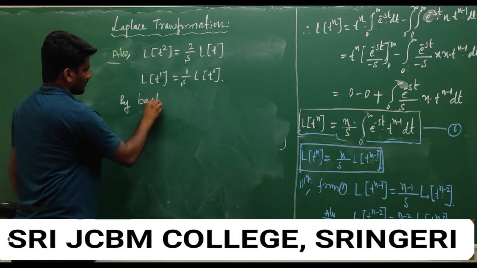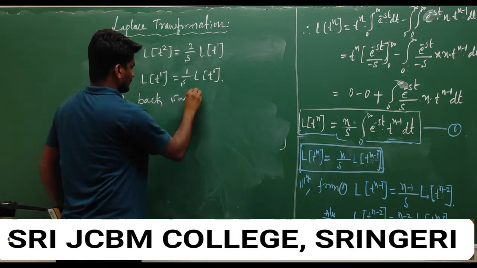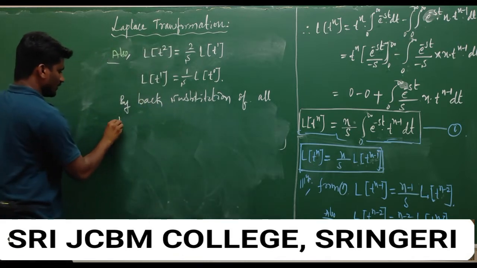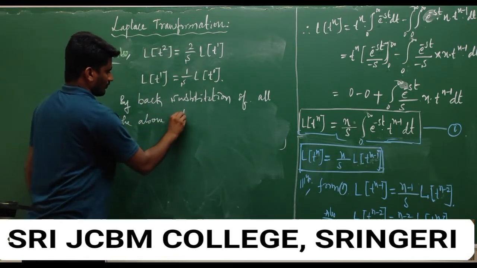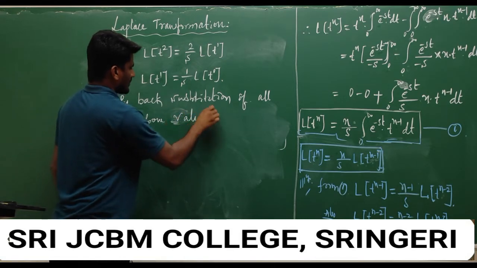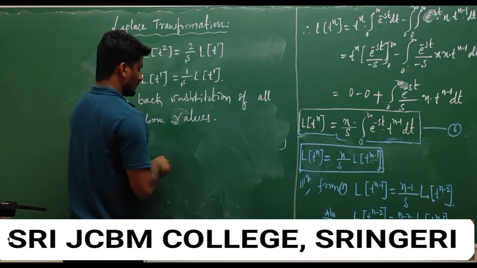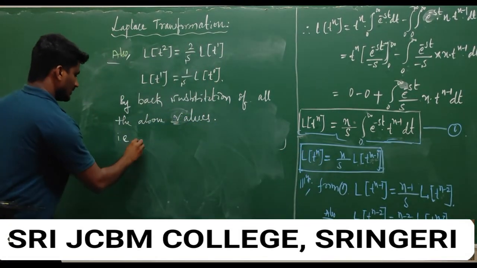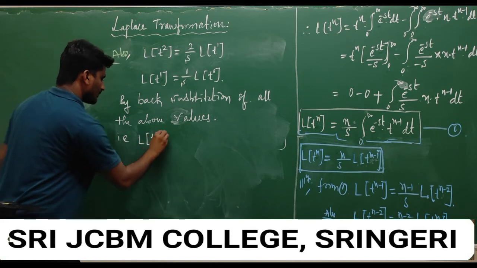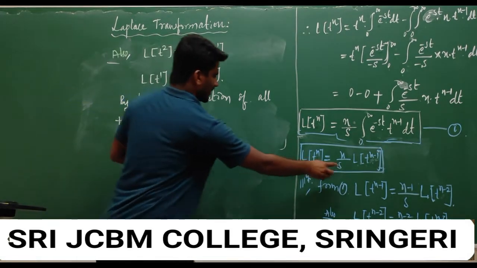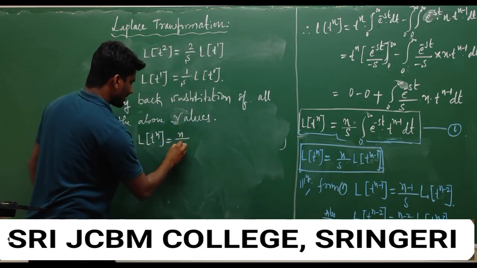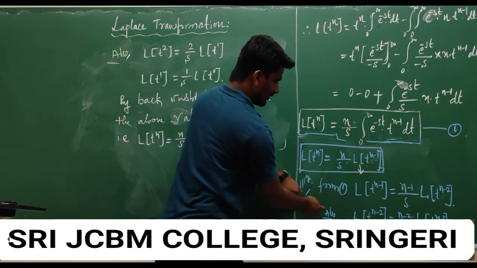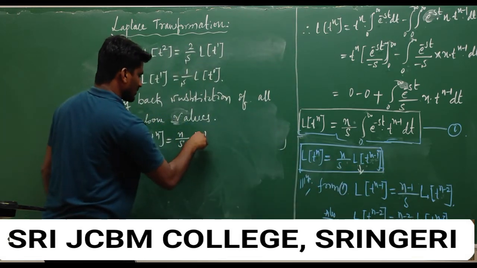By back substitution of all the above values, Laplace transform of t to the power n is equal to: the first, general condition is n over s, and the value of t to the power n minus 1 is n minus 1 into n minus 1 over s.